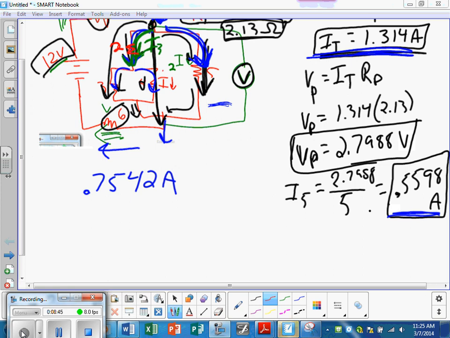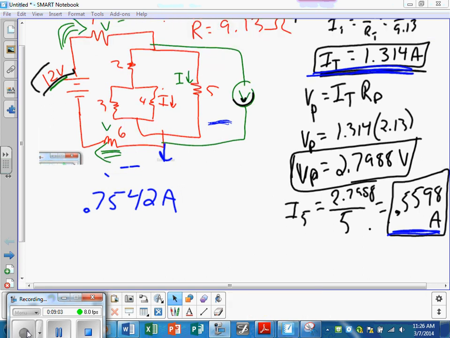If I figure out the volt drop across that 2 ohm resistor, then I have the volt drop across this part of the circuit, and with that I can finally figure out how much current is going through that resistor. I decided to erase some of this just to make it easier to read.